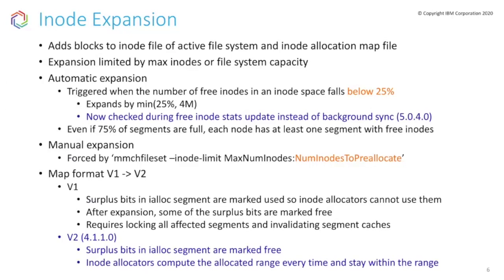One thing that we enhanced quite some time back, it's not a new change, but for completeness, we moved from version 1 of the format of the Inode Allocation Map to version 2. So basically, we just made inode expansion faster. The way the inode expansion would format the allocation map with the extra space was causing a lot of disruption by invalidating existing caches.